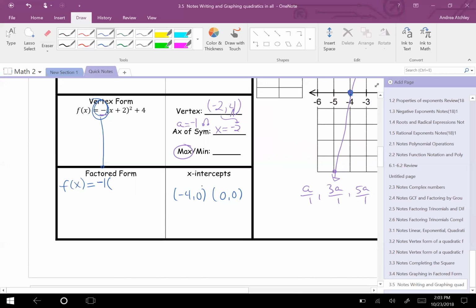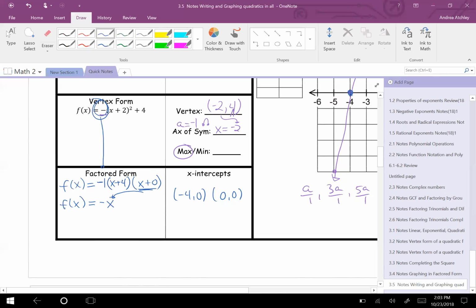Then you can take your x-intercepts and get x. It's a -4, so it should become +4 in parentheses. Then x, there's a 0, so just +0. So what this is going to look like is f of x equals negative, I have x plus 0, which is just x.